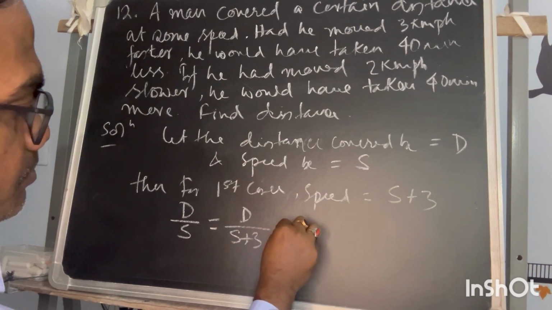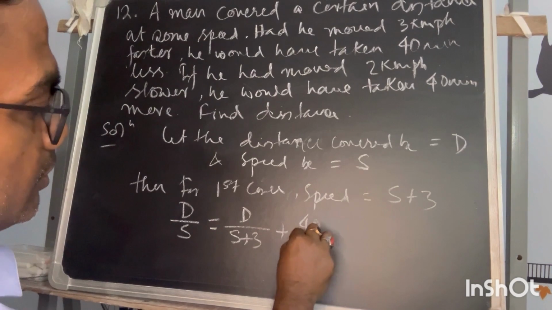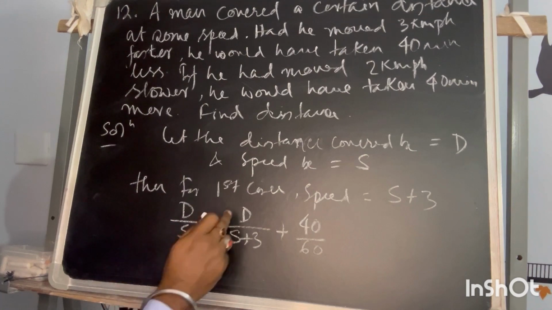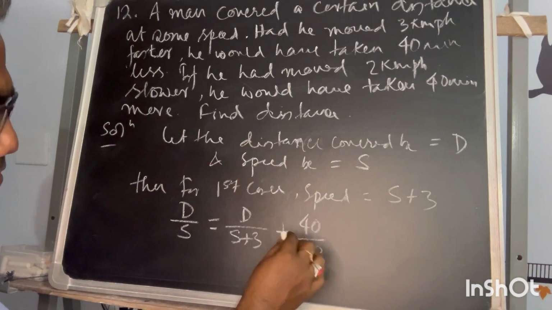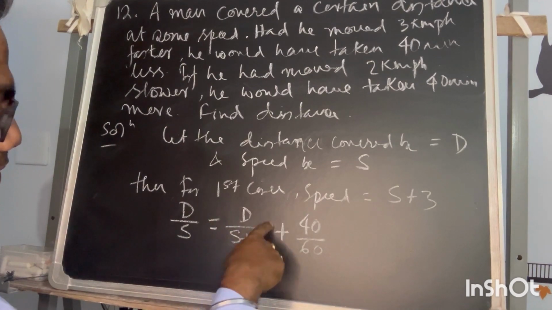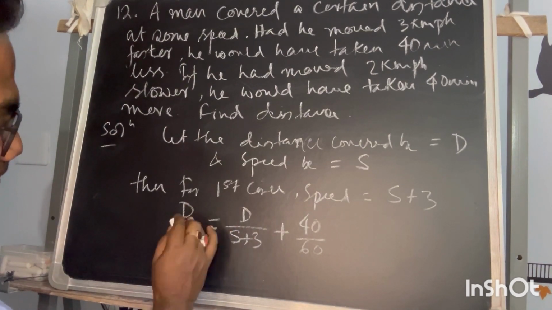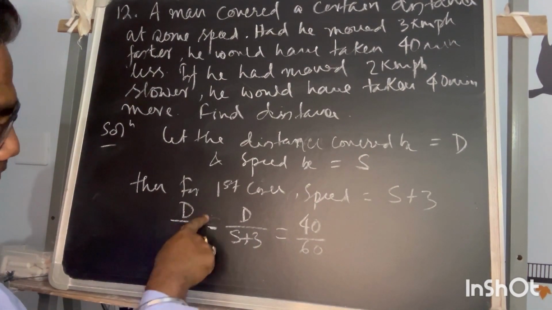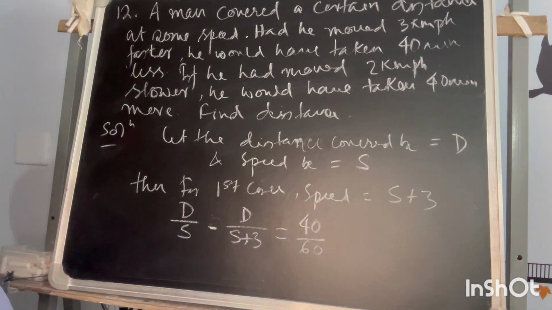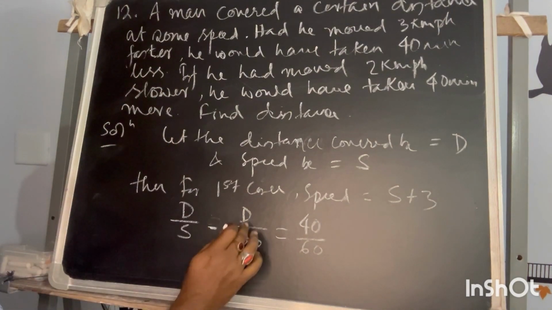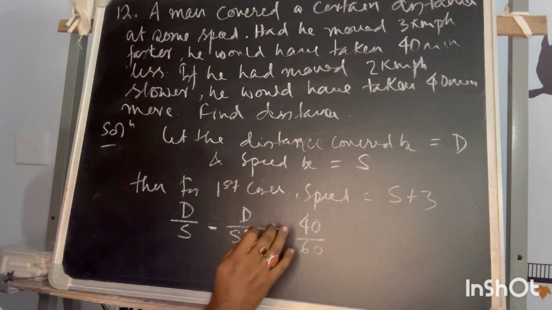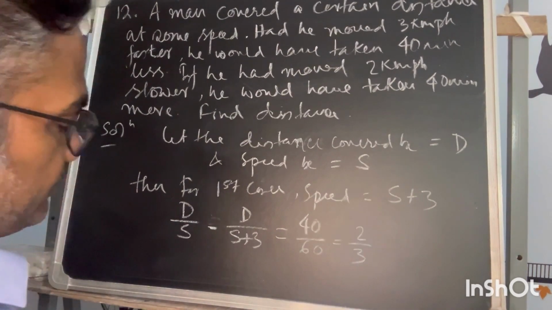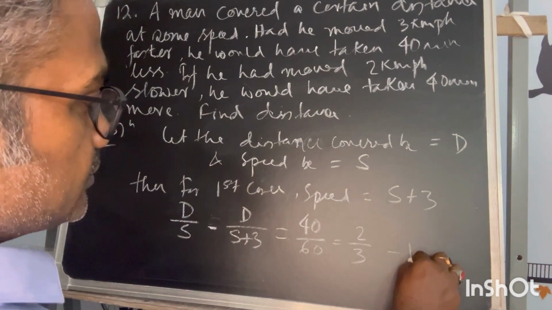That means this plus 40 minutes, 40 upon 60, I am converting it into hours. The earlier time is more because our speed has increased. So the earlier time minus this time is equal to the difference, because he is taking less time. This is the lesser value, this is the higher value, and the difference is this one. So ultimately this will become 2 by 3. This is equation number 1.